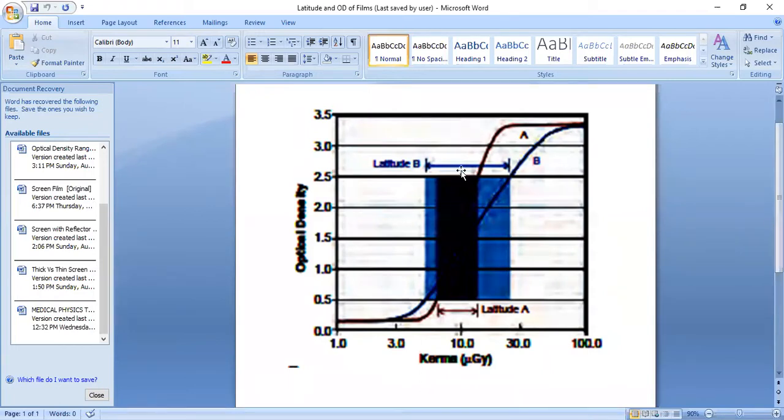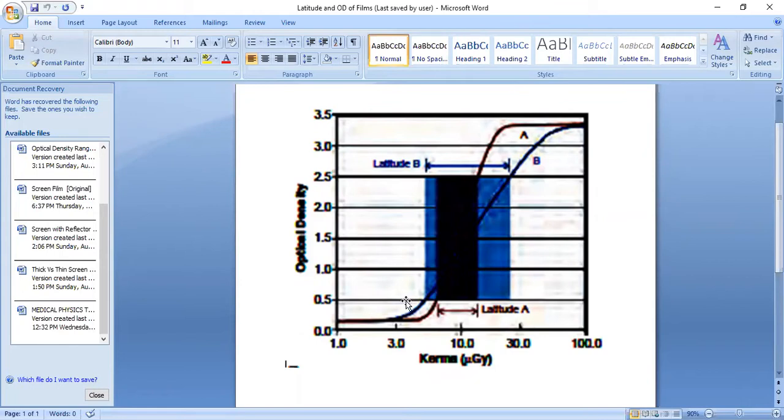Look at this curve A between this 0.5 and then 2.5. If you want to consider this optical density, it's going to have a range of exposure that it can accommodate.